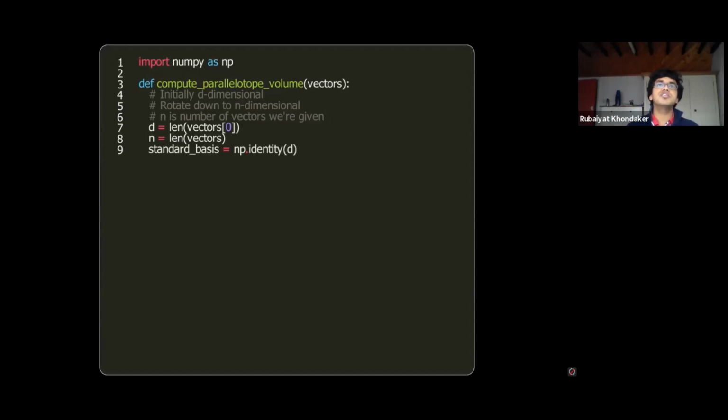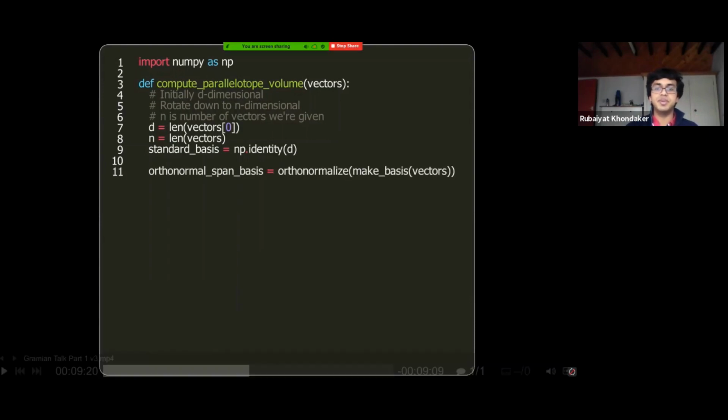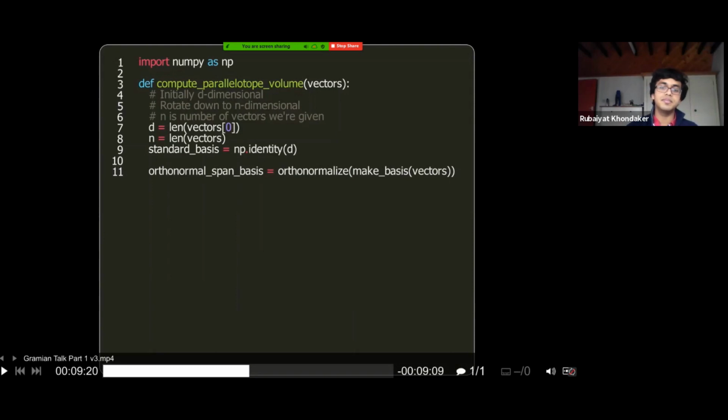And what that means is that you know that the identity matrix has columns 1, 0, 0, 0, 1, 0, 0, and so on, which are just the standard basis vectors. So that allows you to get them. So what we do is we turn the vectors into a basis, then we orthonormalize them.